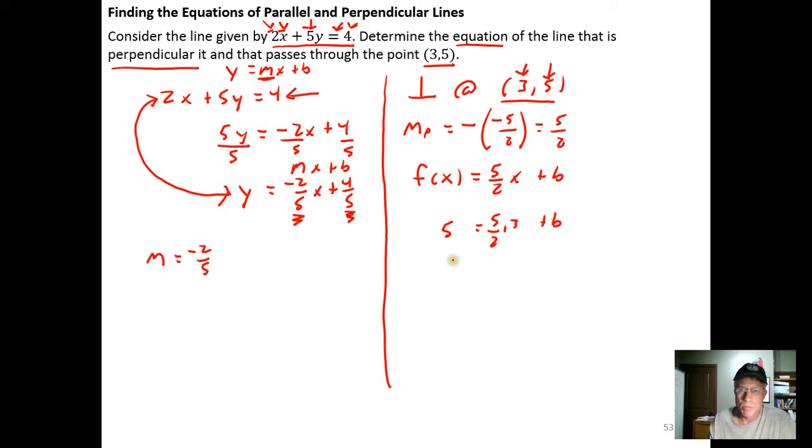So this is going to be 5 minus, I'm going to subtract 5/2 times 3 from both sides, but this is just 5 times 3 is 15/2, so I'm subtracting 15/2 from both sides, which equals b. And I would need to multiply this by 2/2 to get a common denominator, so I'm going to have 2 times 5 is 10, and 10 minus 15 is negative 5/2, which is b.